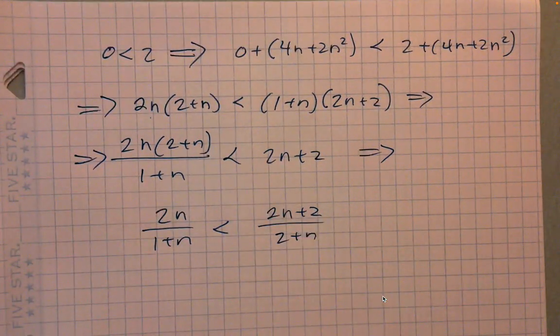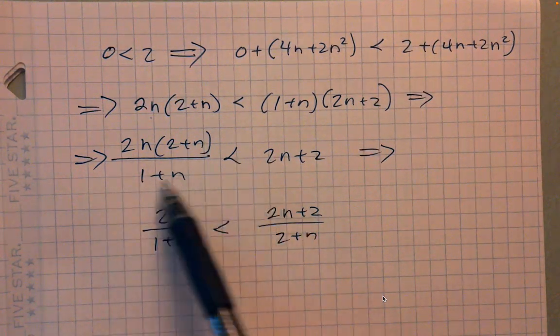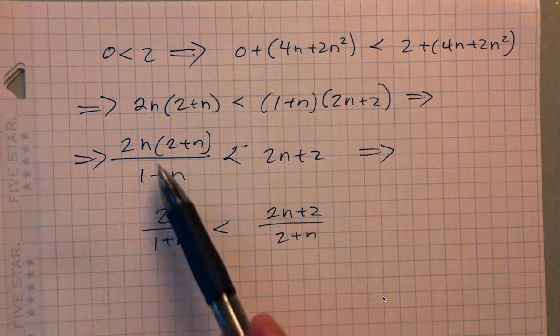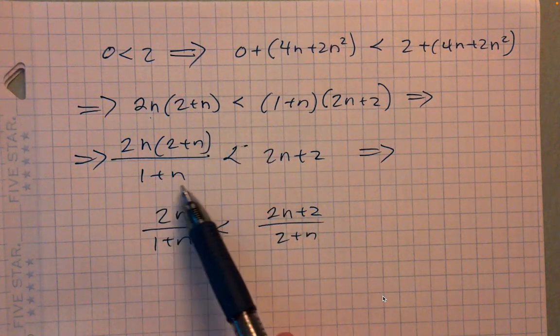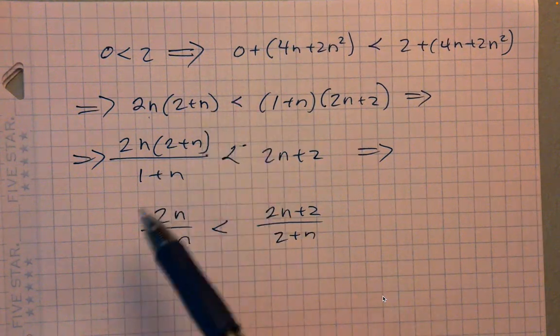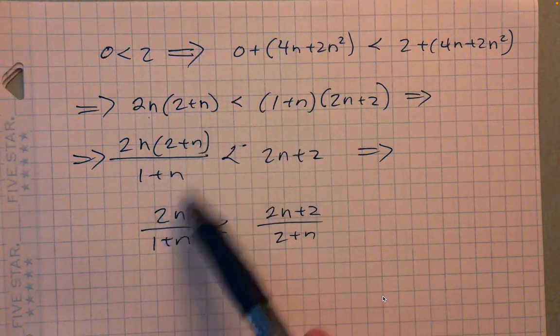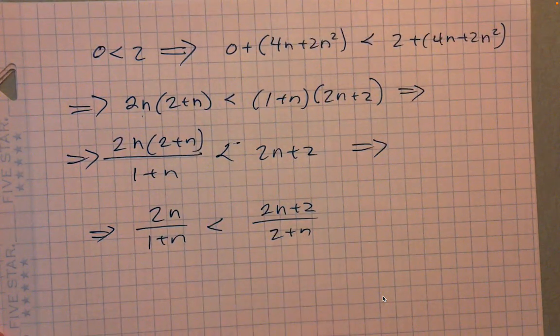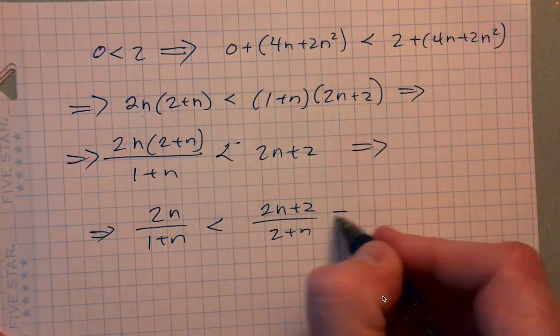These are just basic division rules. Keep in mind that all of these values are positive. Dividing by 1 plus n doesn't change the inequality because it is a positive number. If these were negative numbers, this would not work for you. But dividing by a positive doesn't flip the inequality. So we're very close here.